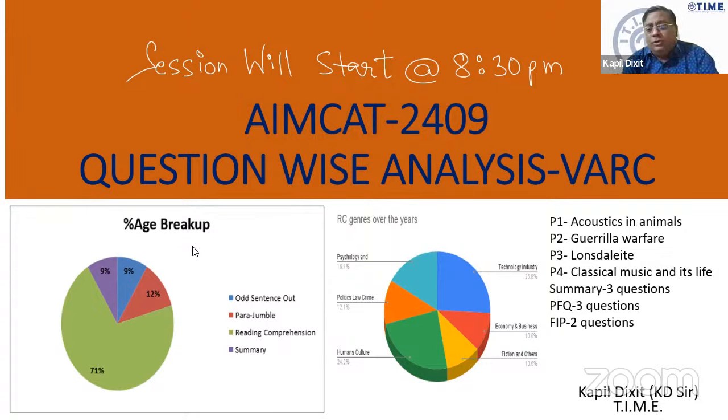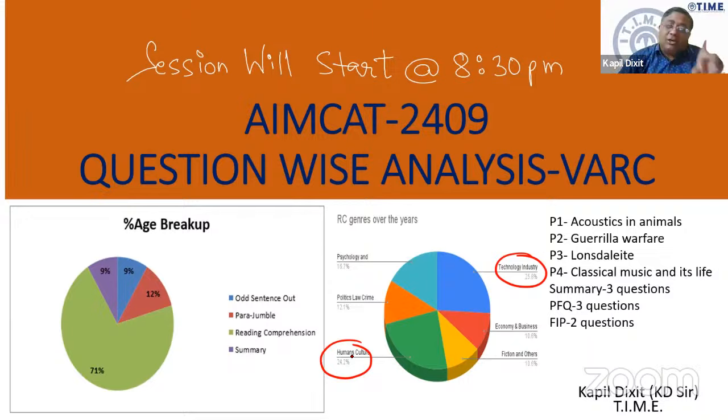Okay, so let's start. I was just going through the previous few years' papers, and I noticed one thing about the genres you get in reading comprehension. Approximately 25% of passages are on tech industries and human culture, and another 25%, close to 24%.